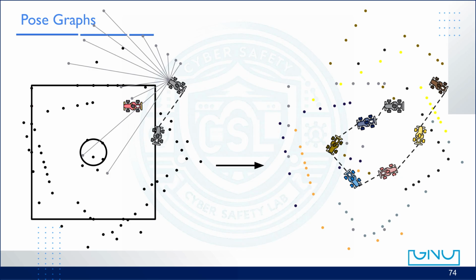But over time, these errors stack up, and the robot believes it is in a different place than it actually is. You can clearly see that the last poses are significantly off from the starting position, even though the robot returned to the same spot. This is a classic example of drift, and it highlights the need for loop closure to correct the accumulated error.